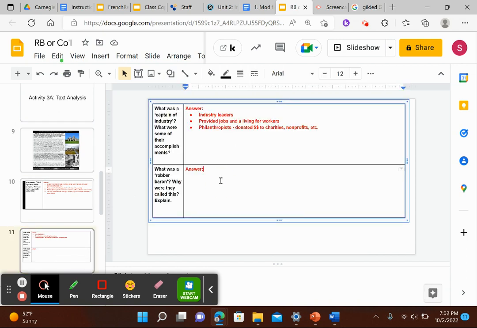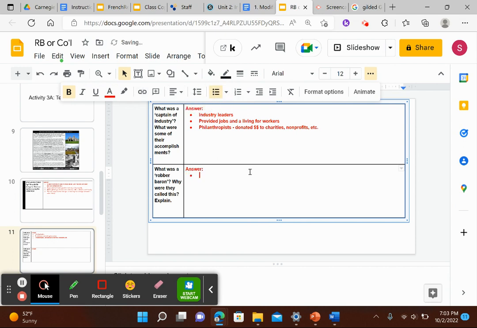All right, so let's go ahead and talk about what a robber baron was. A robber baron, again, we know that they were unscrupulous and they took advantage of the public and smaller companies. But again, they were industrial leaders, and they dominated the market, created monopolies, and eliminated competition.